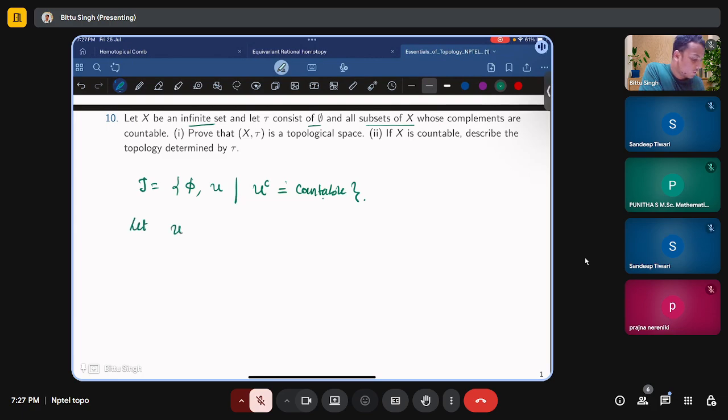So let U alpha belong to tau. Then we need to prove first: can you see that the empty set is there? By definition, the empty set is there. Can you see that the whole X is there? Because what is the complement of X?